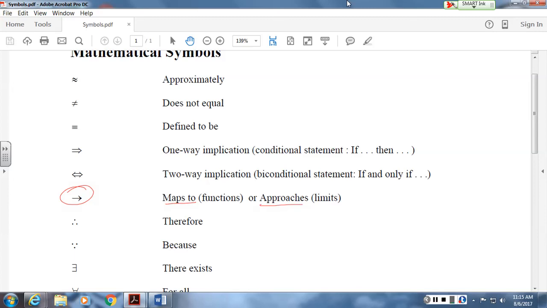So you wouldn't want to say 3 plus 4 maps to 7. That doesn't make sense. 3 plus 4 approaches 7? No, 3 plus 4 actually is 7. So use the correct symbols here, and I'm always very good about telling you when to use what, right? So just make sure you try to retain that.